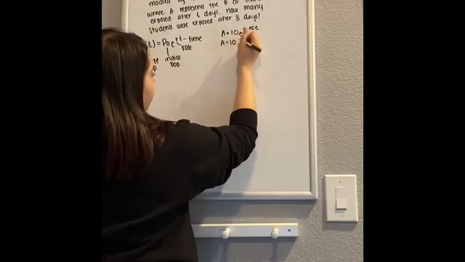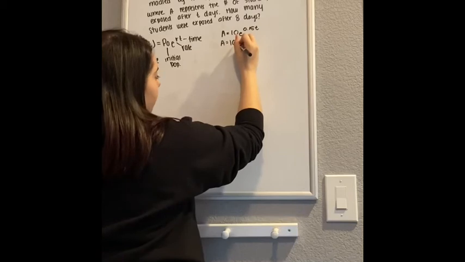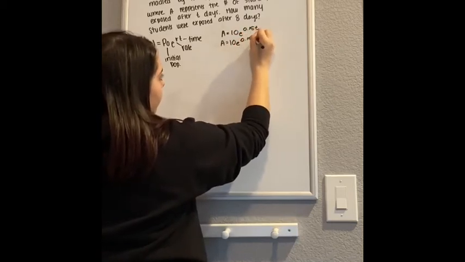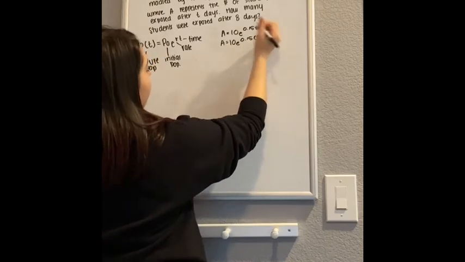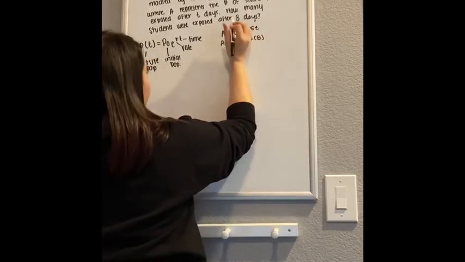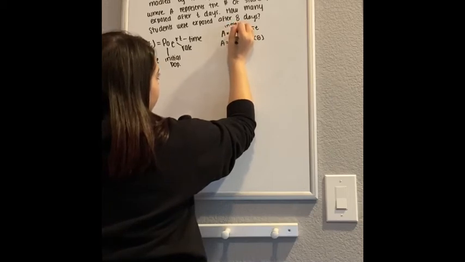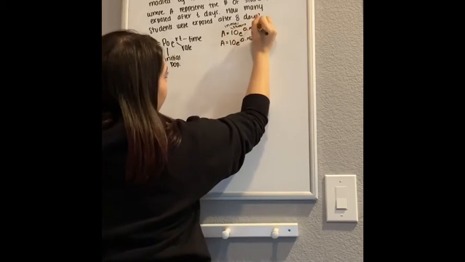So our equation is A equals 10 e to the 0.15 times 8, where 10 is the initial student count and 0.15 is the rate.